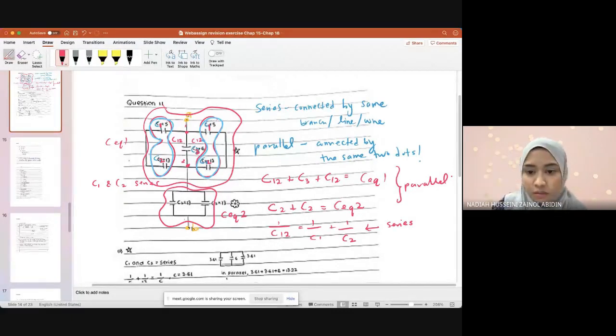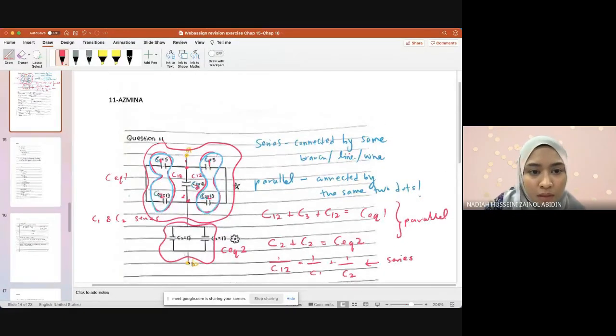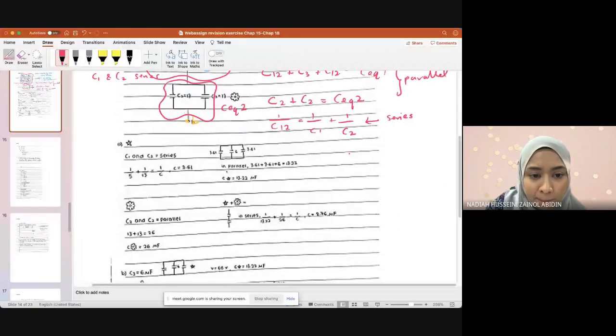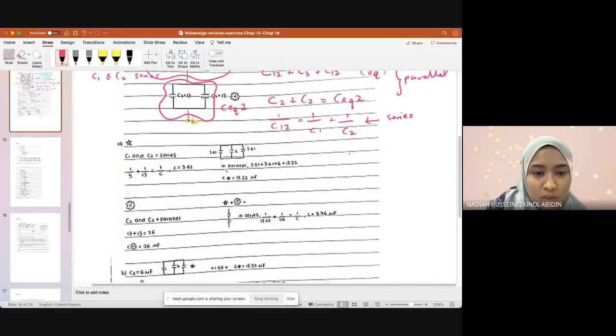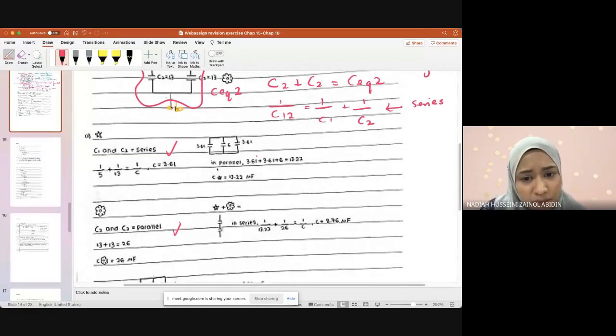Okay. So if you understood how to get this part, your answer should be correct. Let's see what Azmina did. C1 and C2 are in series. Yay, correct. C1, C2 and C2 are in parallel for the second part. Sorry, she did it towards the right. So in parallel, 3.61 plus 6. 3.6.